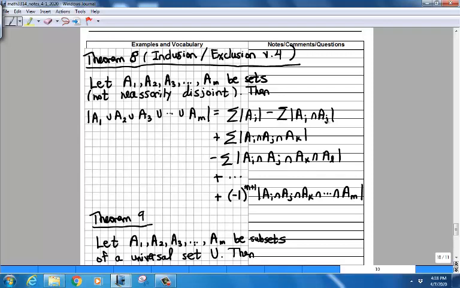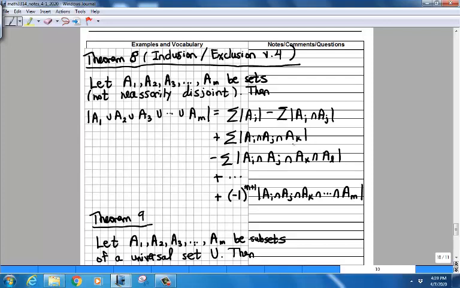So you look at every pair of your m sets, find the intersection of every one of those pairs, and subtract those off. It turns out that when you do that subtraction, you have undercounted, so we have to add something back in to compensate for the undercounting.